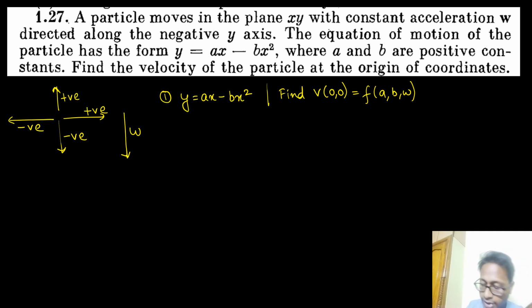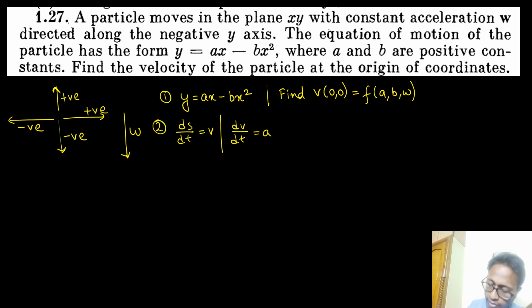Some of the equations that I can figure out are ds by dt is equal to v, dv by dt is equal to a. So you have to play around with these equations and find out the value of v at x equal to 0, y equal to 0. There is one more thing we need to understand out here: the concept of mathematics called the chain rule. What the chain rule says is, suppose I am to differentiate dy by dt.